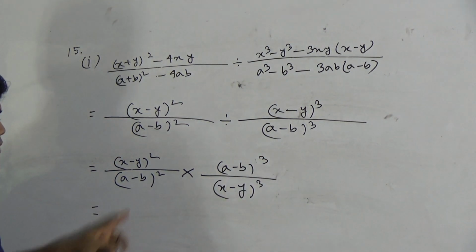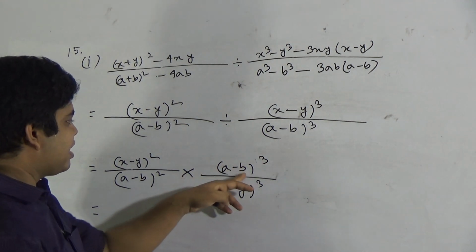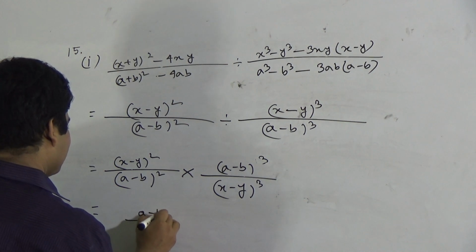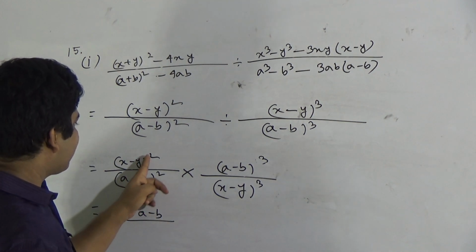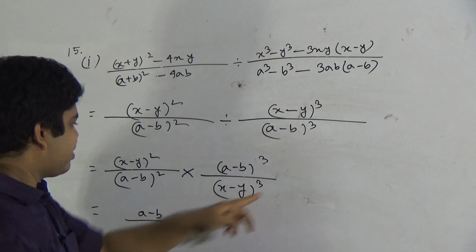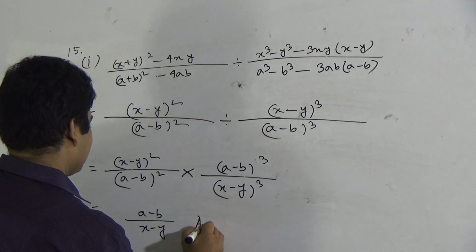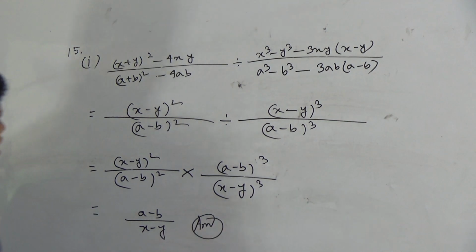So now we cut, if we cut (a − b)³ by (a − b)², we get a − b. If we cut (x − y)² by (x − y)³, we get x − y. So this is the answer. Okay, (a − b) divided by (x − y), it is the answer of this question.